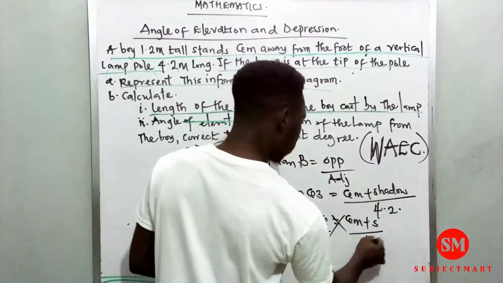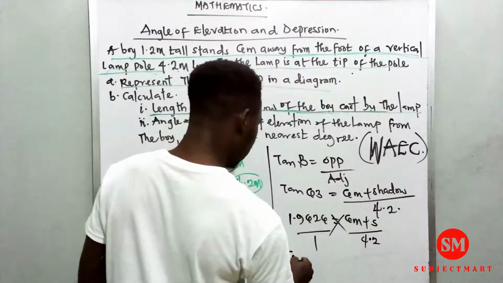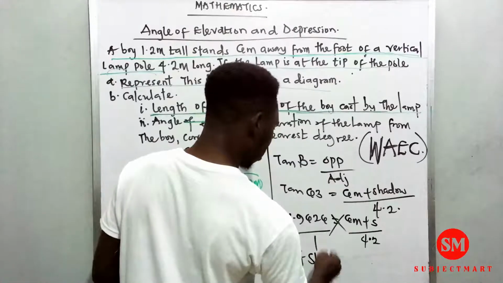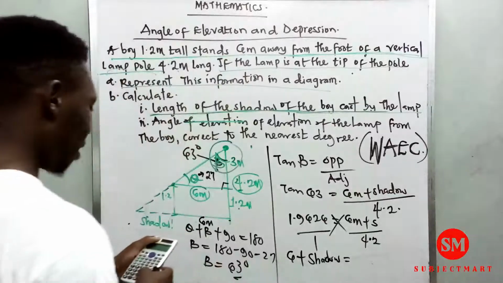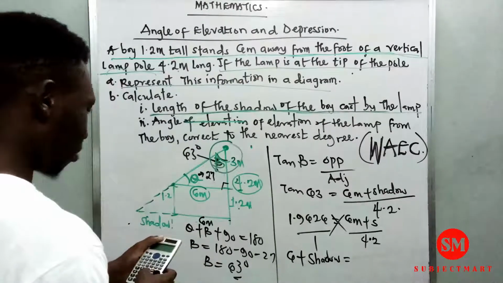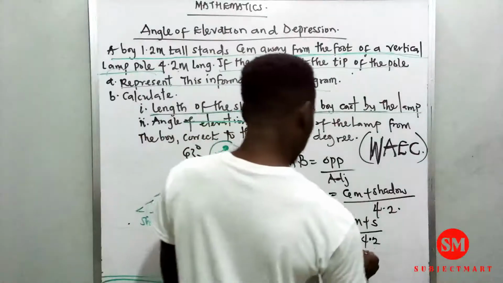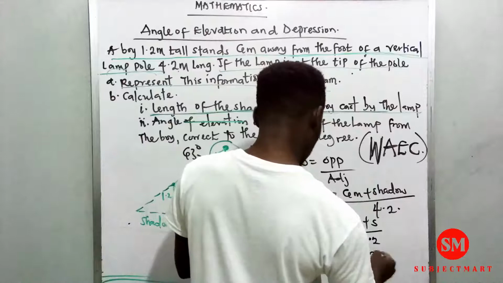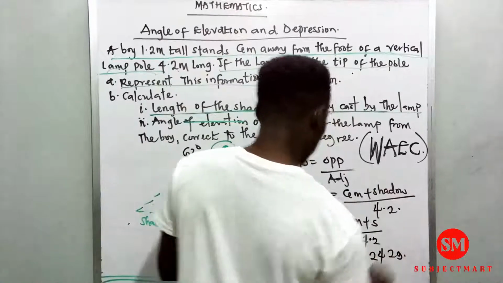Cross multiplying, this becomes 6 plus S, which is our shadow, is equal to 1.9626 times 4.2, which is going to give us 8.2429.